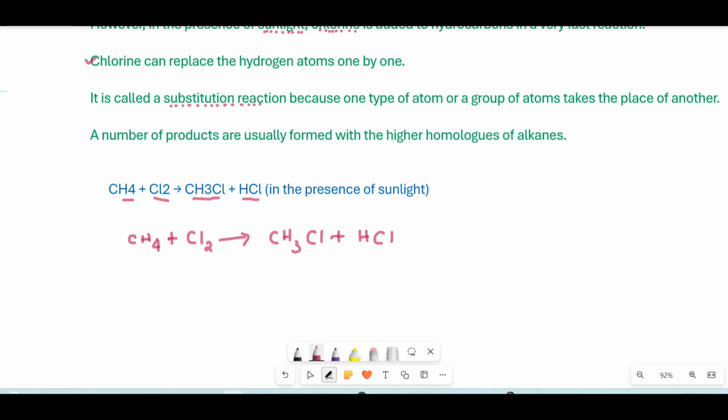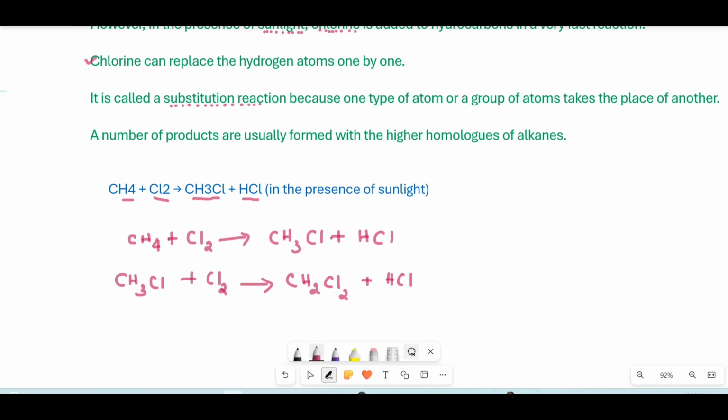Now, this reaction is a chain reaction and it will not stop here. CH3Cl can again react with chlorine, and out of the three hydrogens, one more hydrogen will be replaced with chlorine. So we get CH2Cl2 and HCl.